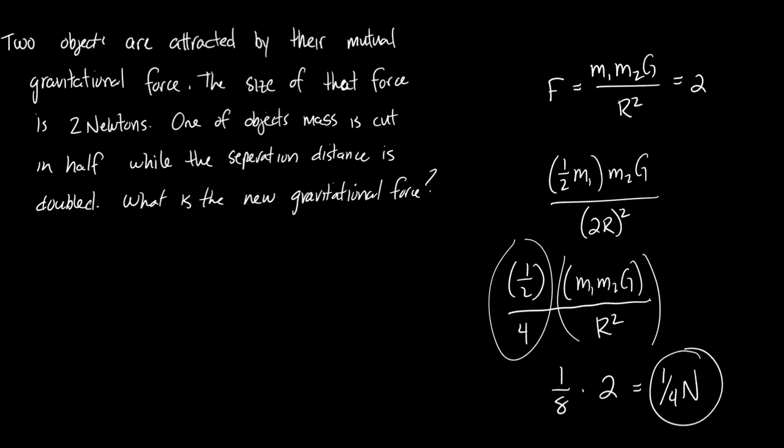These are always going to have stuff like answer A, B, C, and D. And they're going to be the obvious things like 4 newtons, 2 newtons, 1/2 newton, 1/4 newton. And they're going to see if you're making mistakes, because one of these is what happens if you don't square the denominator. One of these, if you don't understand how to deal with the fractions, they're going to have those kinds of answers.